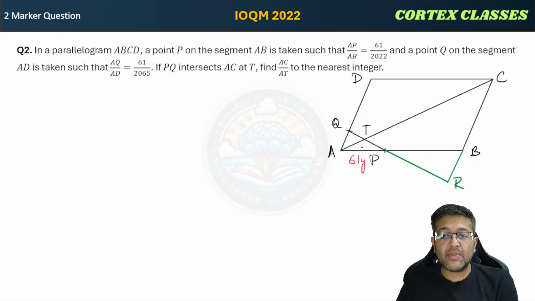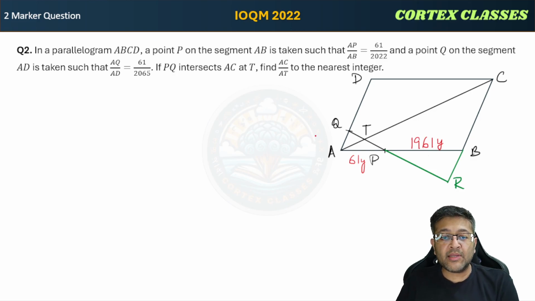If I consider the whole AB as 2022y, AP is 61y, so this will be 2022 minus 61, which is 1961y. This is the PB distance, because we are given the ratio of AP to AB. So I assumed the whole AB is 2022y, out of that AP is 61y, so PB is 1961y. Got this concept?